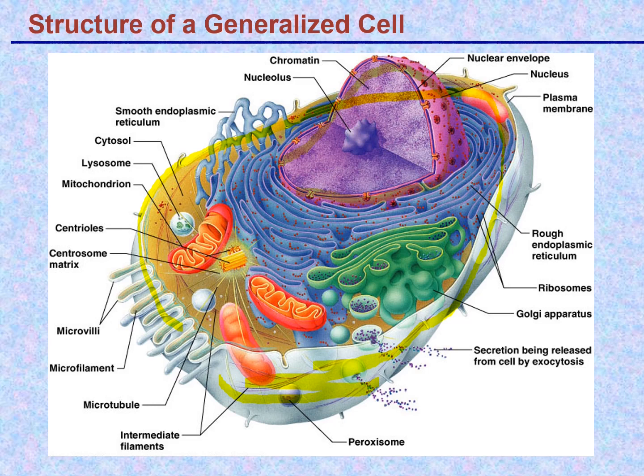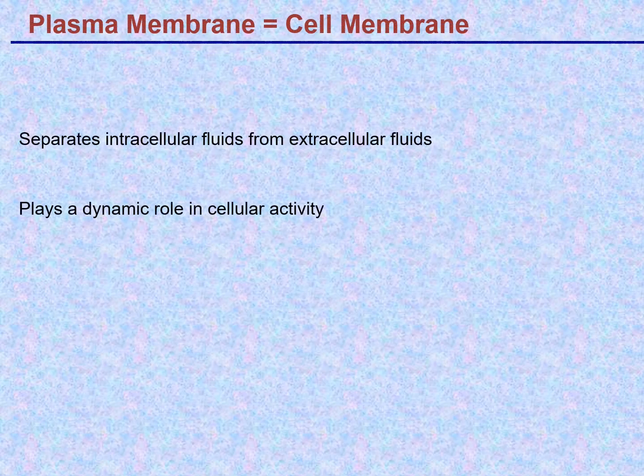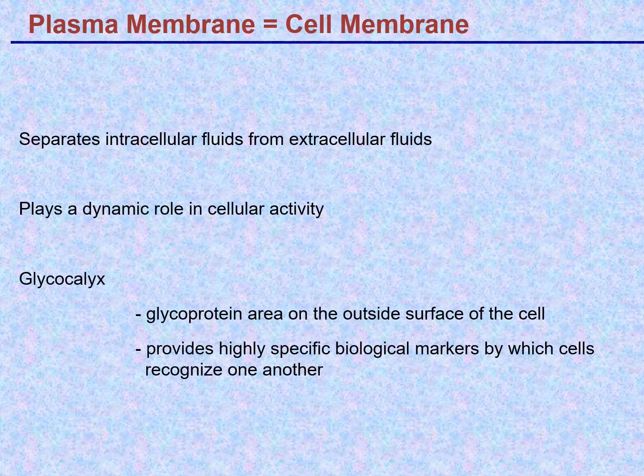So everything between the outer plasma membrane and the nuclear membrane is the cytoplasm, and the cytoplasm contains many membrane-bound organelles. Okay, as I said, the plasma membrane is the same as the cell membrane, separating intracellular from extracellular fluid.